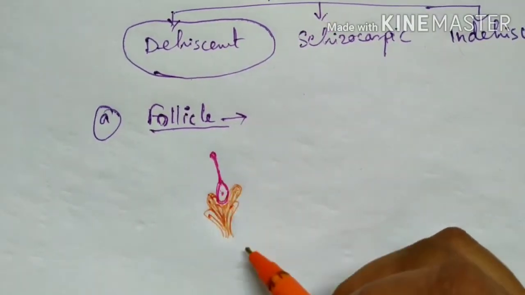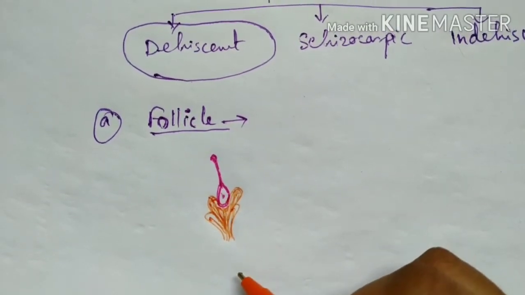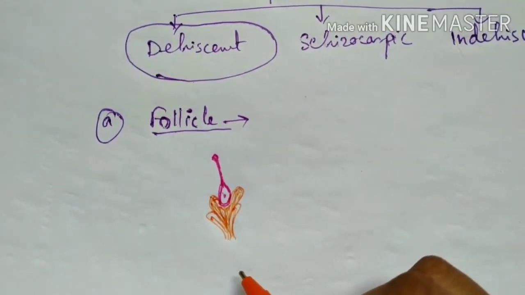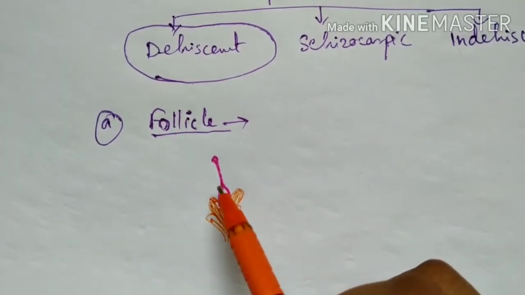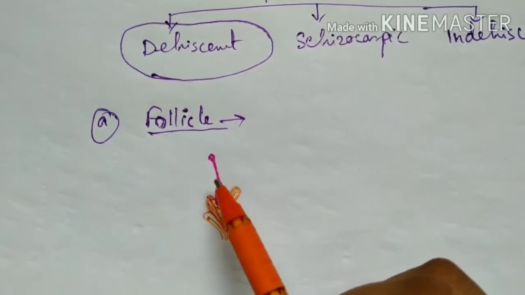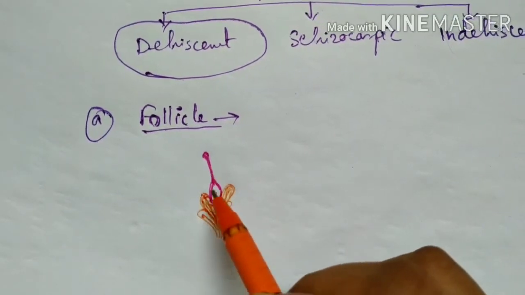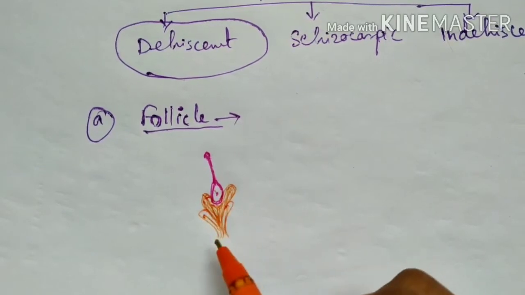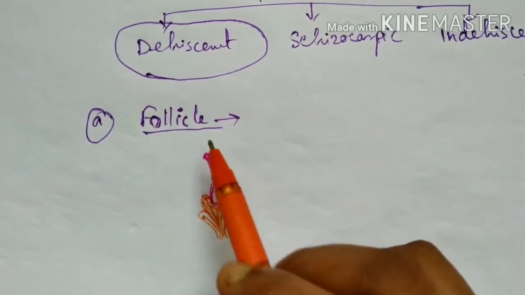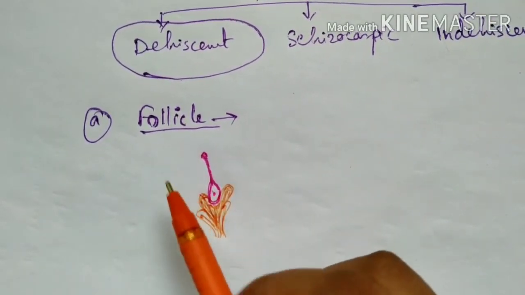This ovary is known as superior and monocarpellary because it contains a single carpel, and follicle fruits develop from this type of flower.